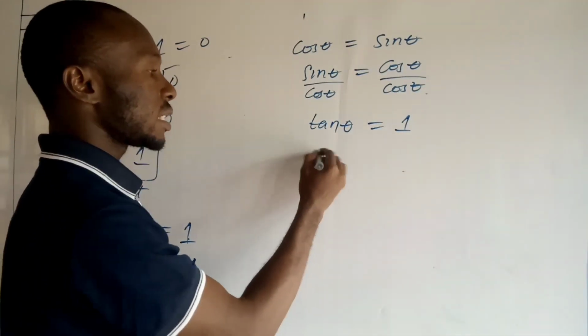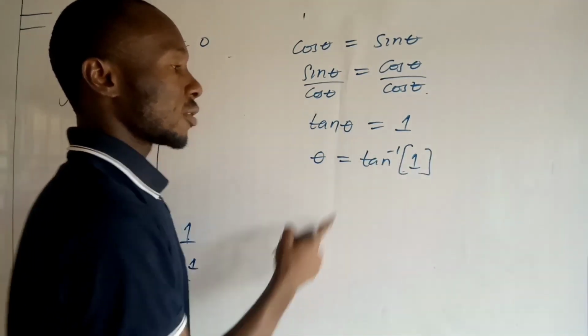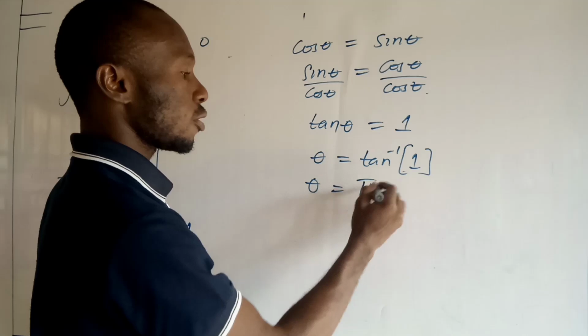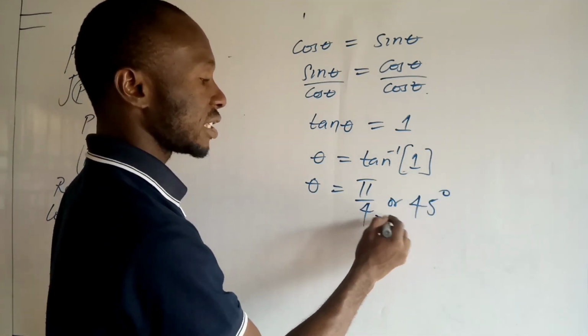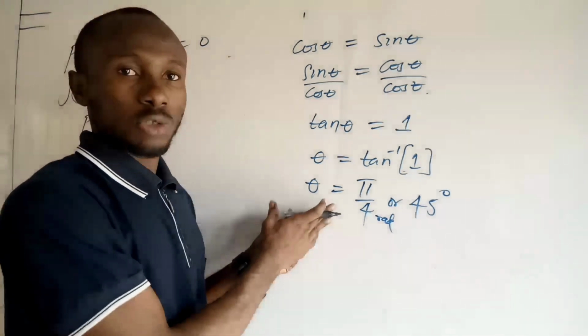And from here you can say theta is equal to the tan inverse of 1. And of course the tan inverse of 1 is pi over 4, or you call it 45 degrees. Here it is in radian. So this is the value of theta for the first quadrant.